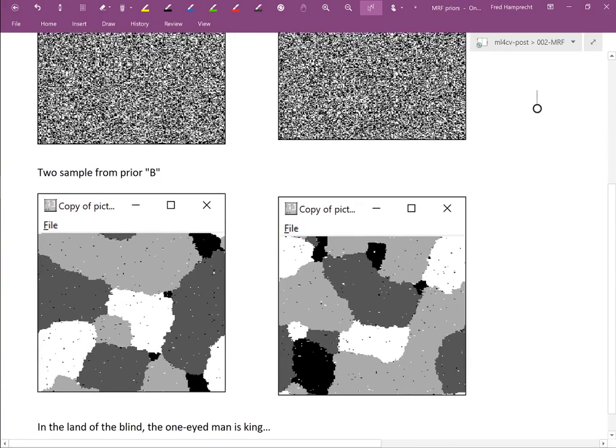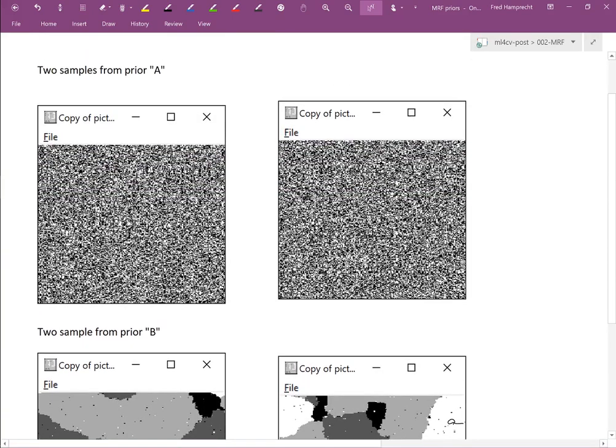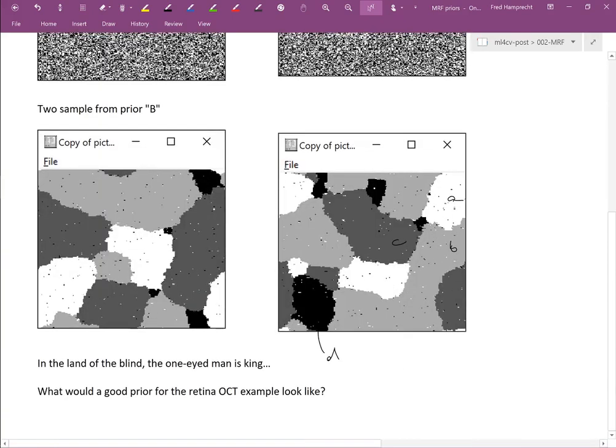And here we have a gray coding of different classes. Let's say white is class A, and then this bright gray is B, and the dark gray is C, and the black one, let's say, is D. So here in an example with just 4 classes, there are different priors. 2 samples from prior A, 2 samples from prior B. Which do you think would be a better prior?